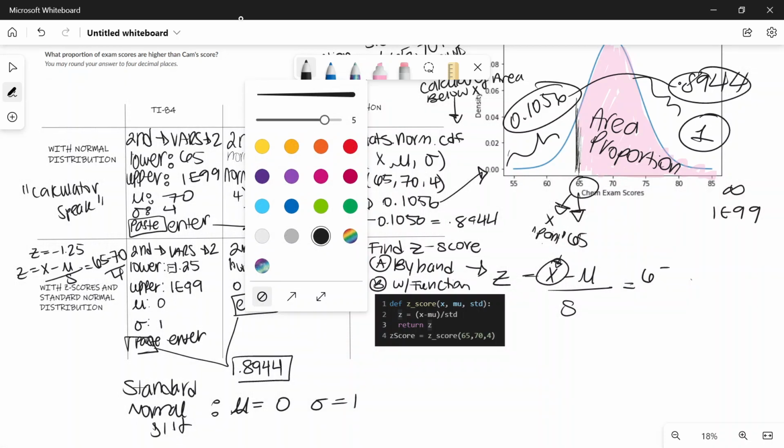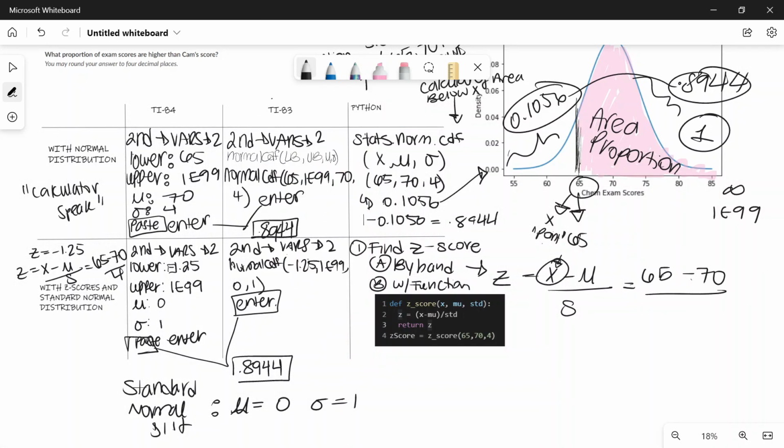So what was it? 65 minus 70 over standard deviation, which was 4, negative 1.25.